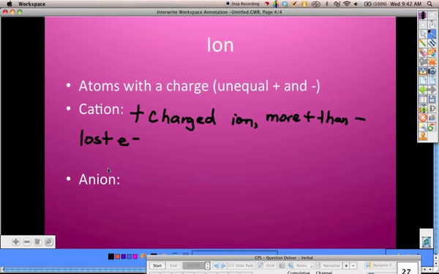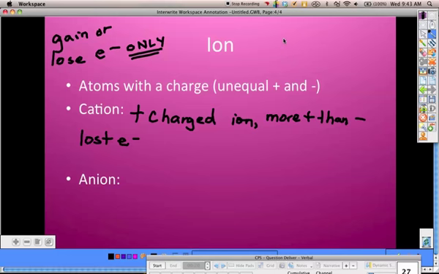It doesn't mean that it's gaining protons. We're not doing nuclear chemistry here. We're doing regular chemistry, so the only thing that we can gain or lose are electrons. We're not changing the number of protons, because what would change if we changed the number of protons?